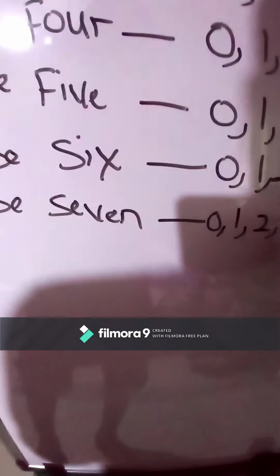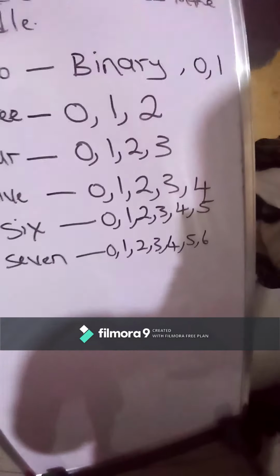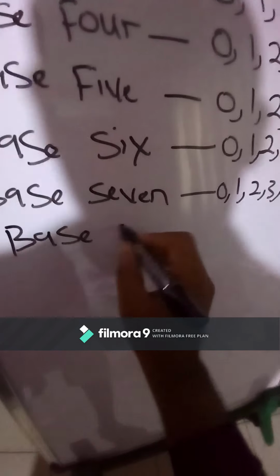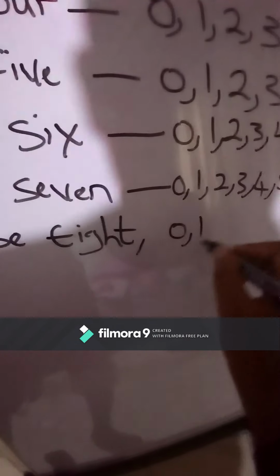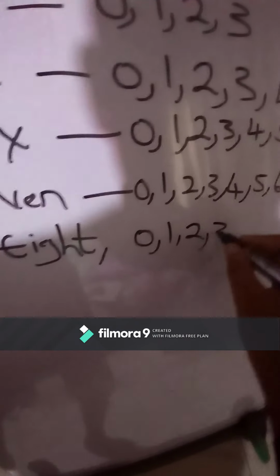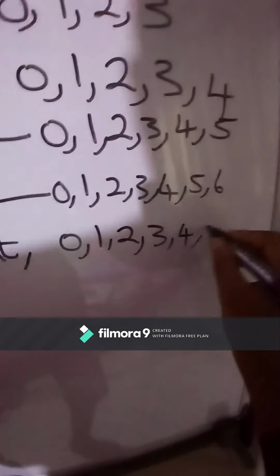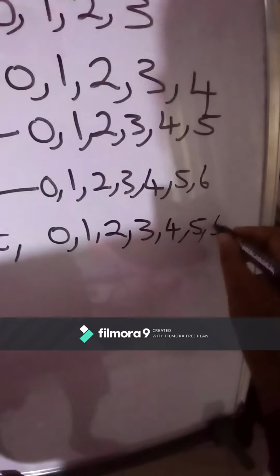Number base 7, 0, 1, 2, 3, 4, 5, 6. Number base 8, we're having 0, 1, 2, 3, 4, 5, 6, 7.